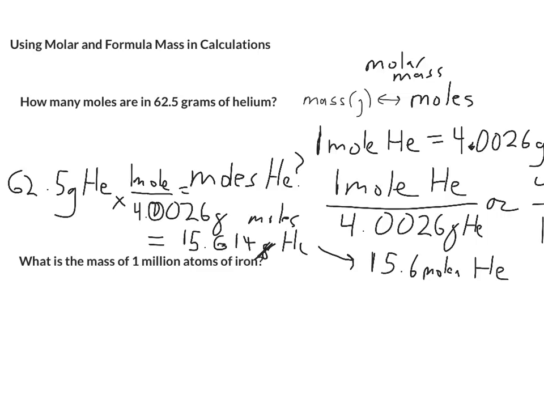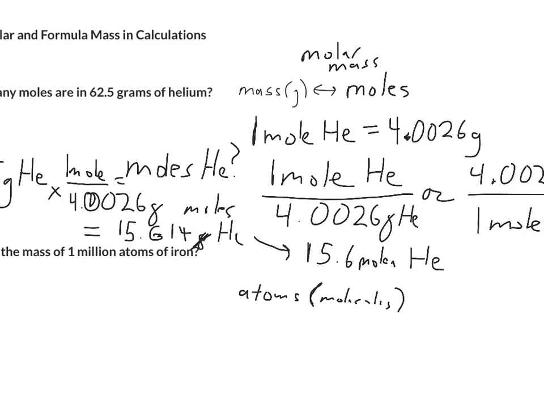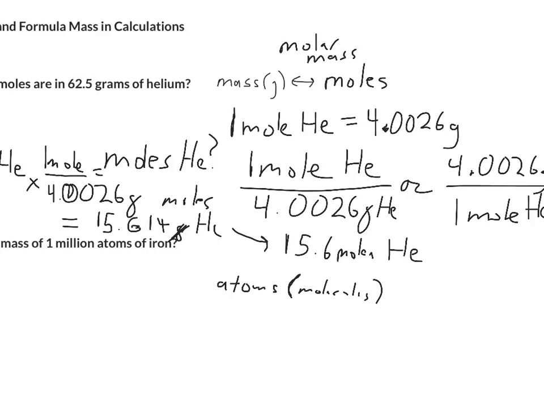The next calculation: what is the mass of 1 million atoms of iron? Okay, to go from atoms, or just particles in general, or molecules, to moles, the conversion factor you use is Avogadro's number.